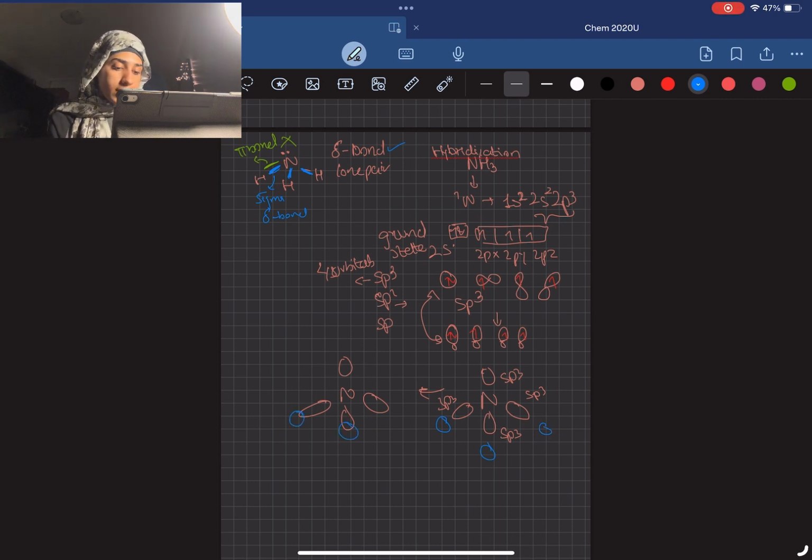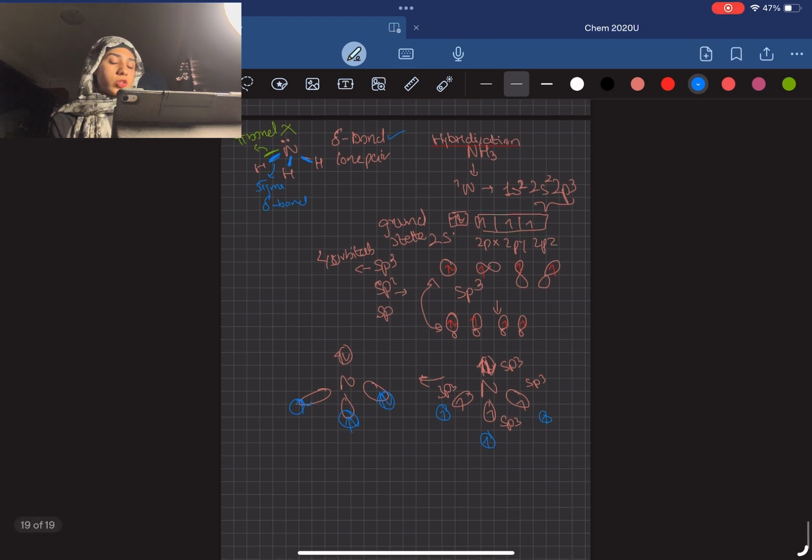For the next part, I'll combine these 3 together. Don't forget the electrons too. So 1 electron, 1 electron, 1 electron, 1. This has 2 electrons. Over here, this has 2 electrons, and this would be 2 electrons, 2 electrons, and there is my structure.